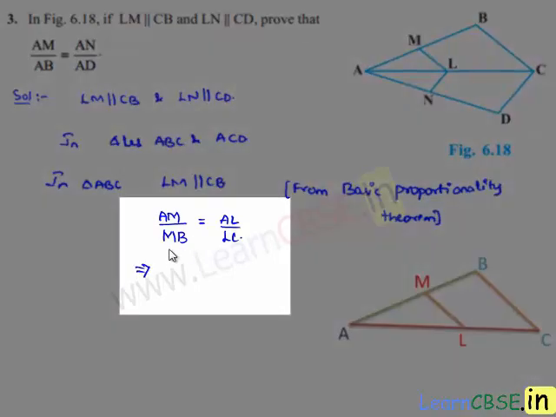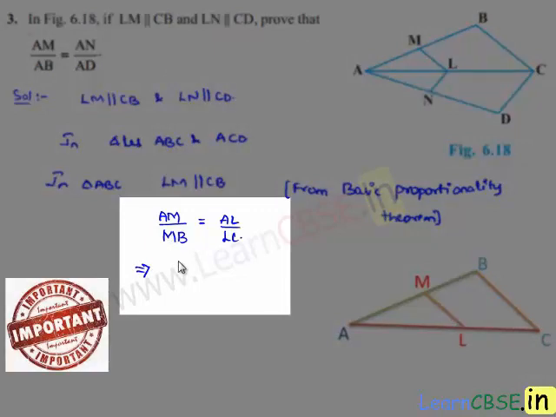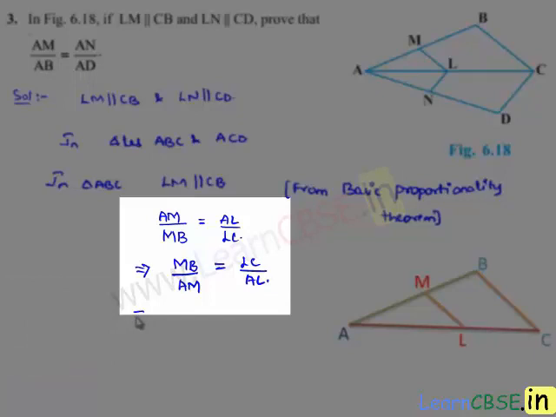This can also be written as MB by AM is equal to LC by AL. As we need the proportion in terms of AB, let us add 1 on both sides.